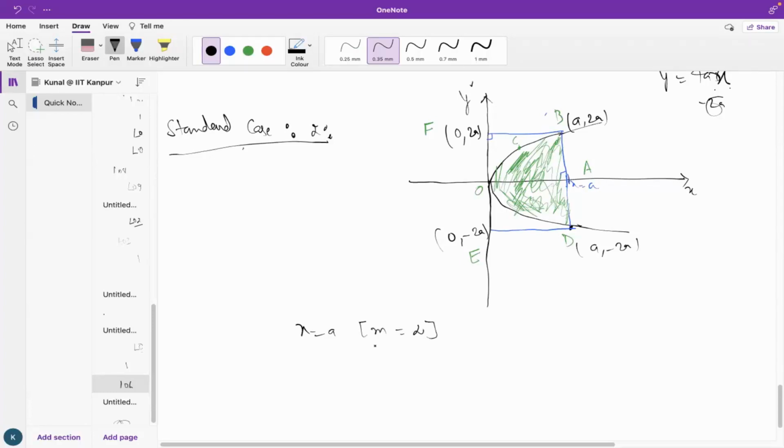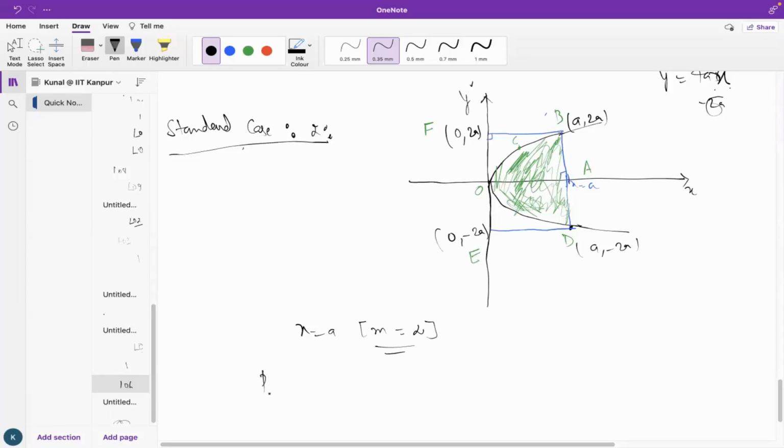Infinite, right? The slope of the line x is equal to a is infinite, and we are trying to find the area between y square equal to 4ax and the straight line x is equal to a. So what will its area be?